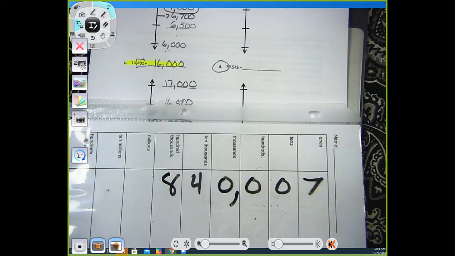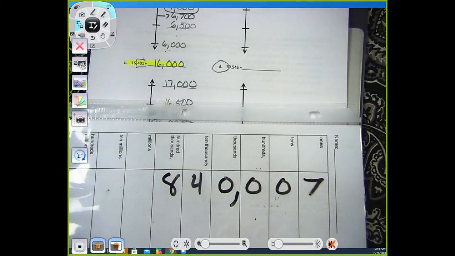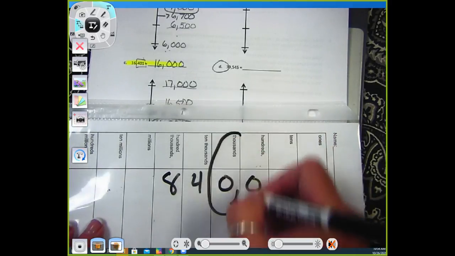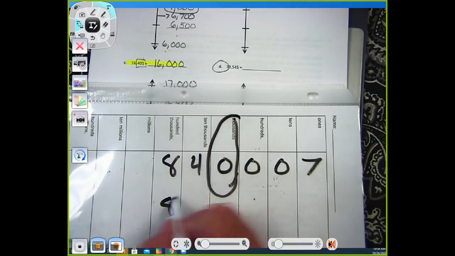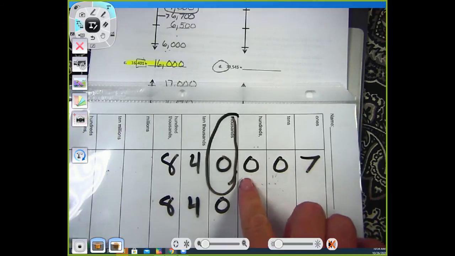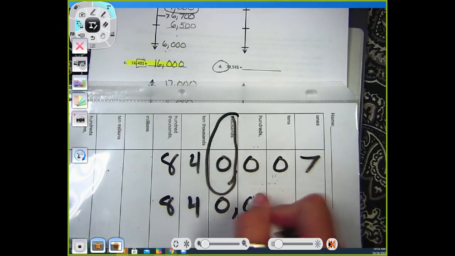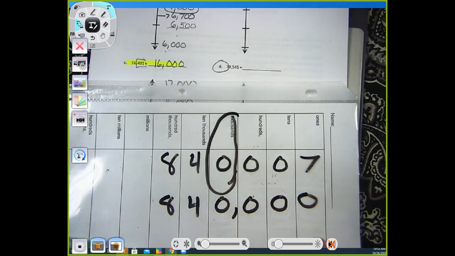What digit is in the thousands place, Ashlyn? Just in the thousands place. What number? 0. Yep. So if I round to find my lower endpoint, I want to keep the 8 and the 4 the same. The 0 stays the same. Everything to the right of this becomes zeros. So my lower endpoint is 840,000.